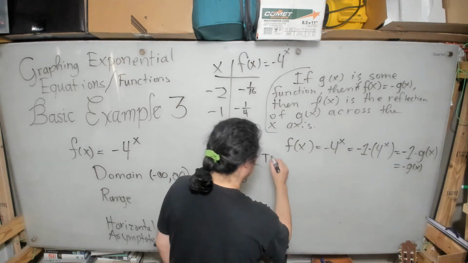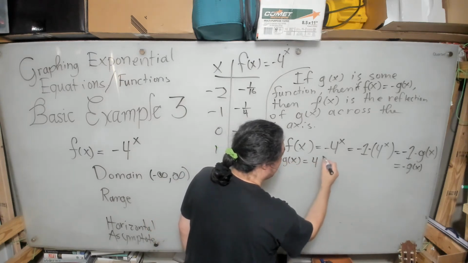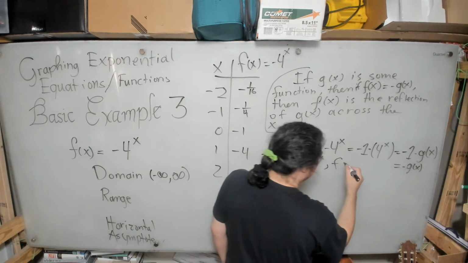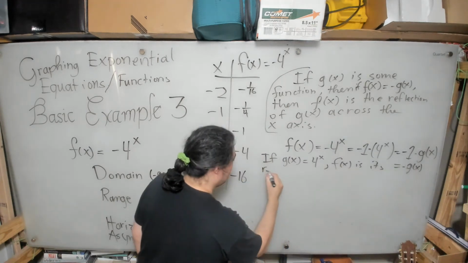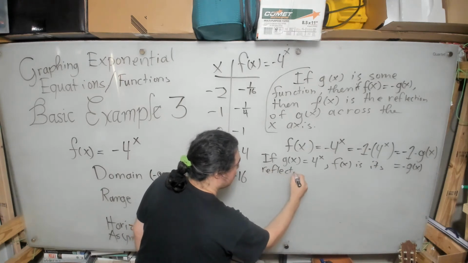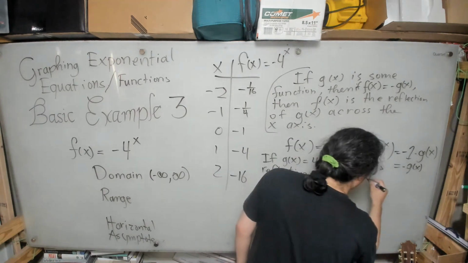So if g of x is equal to 4 to the x power, f of x is its reflection across the x-axis.